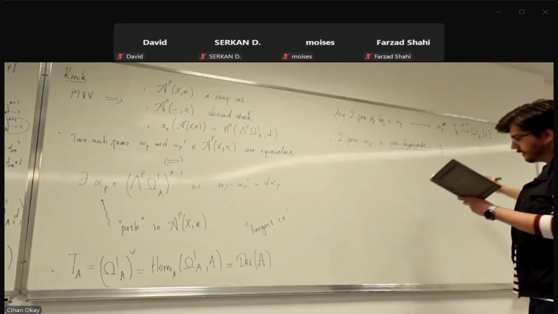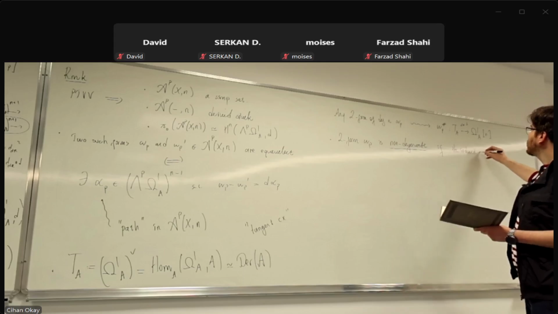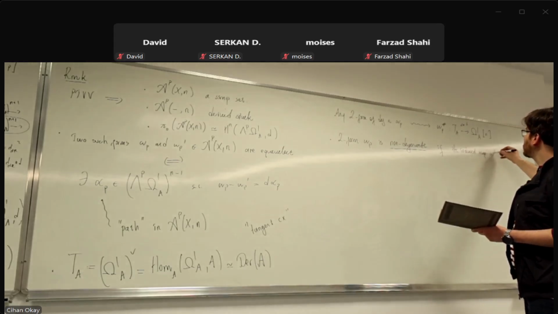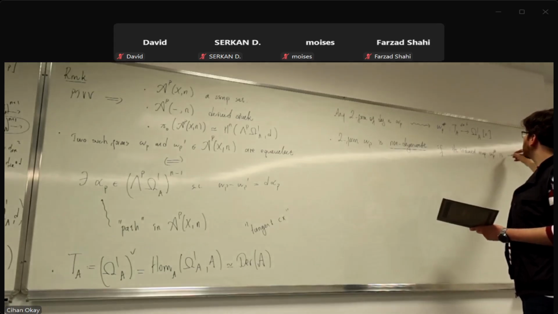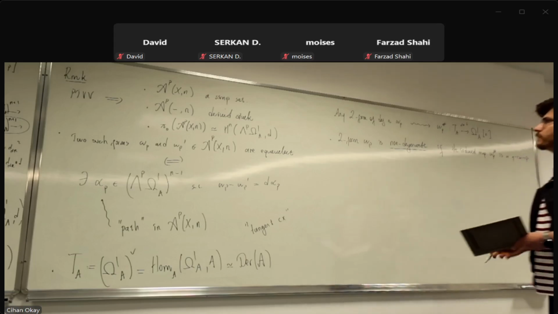Okay, the induced map, this one is a quasi-isomorphism.